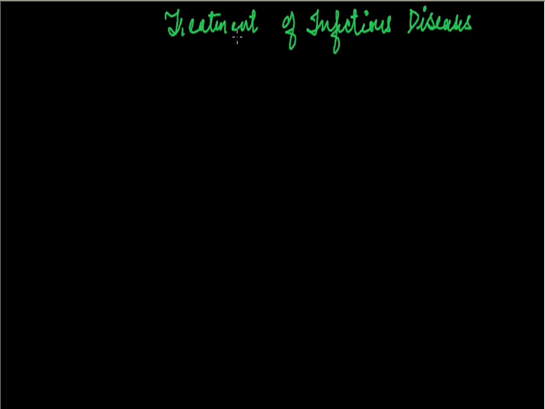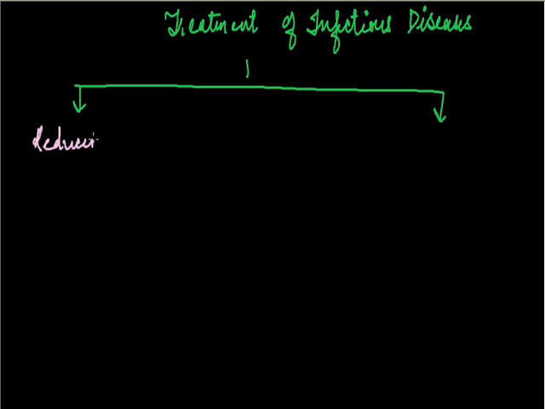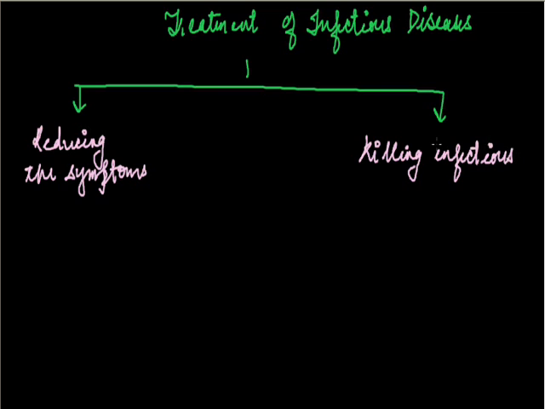The infectious disease can be treated in two ways: by reducing the symptoms and by killing infectious agents. Reducing the symptoms means that the symptoms that we are getting by the disease, like pain.